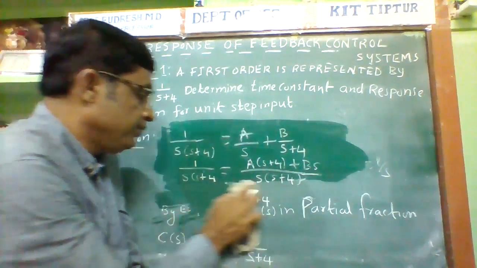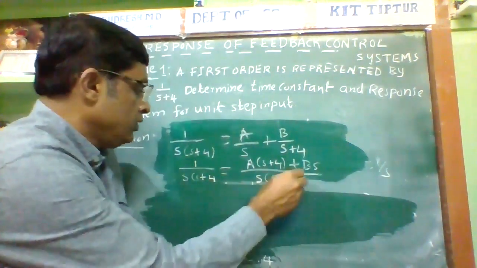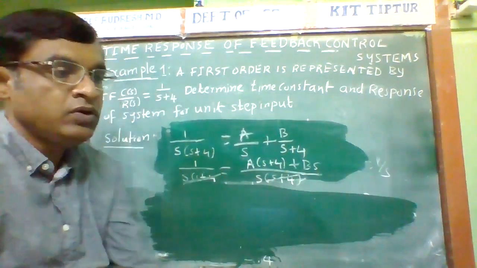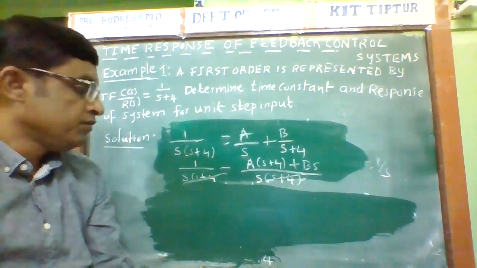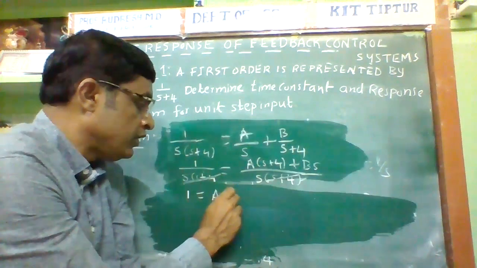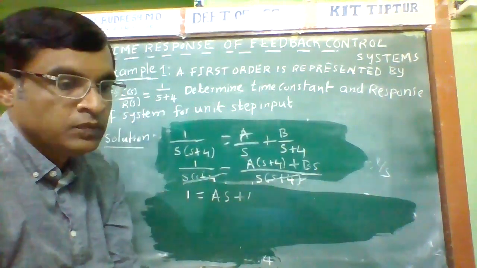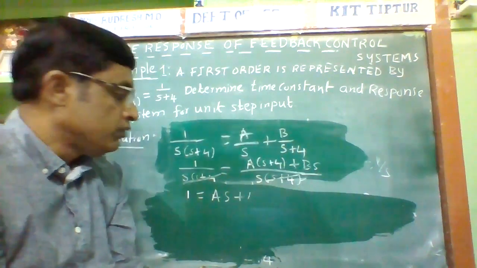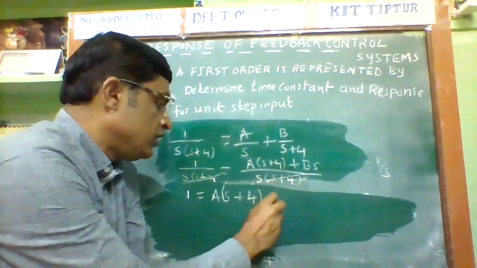The denominators cancel on both sides, so 1 is equal to A into s plus 4, plus B s.